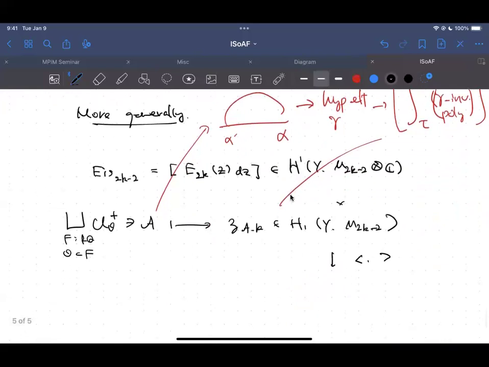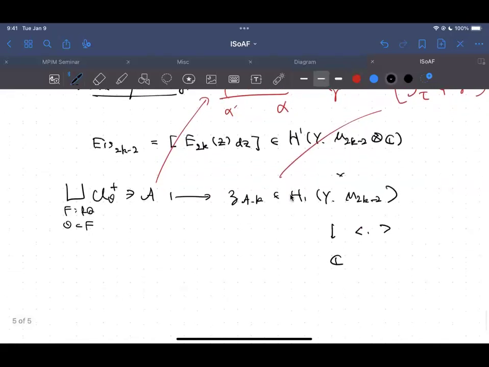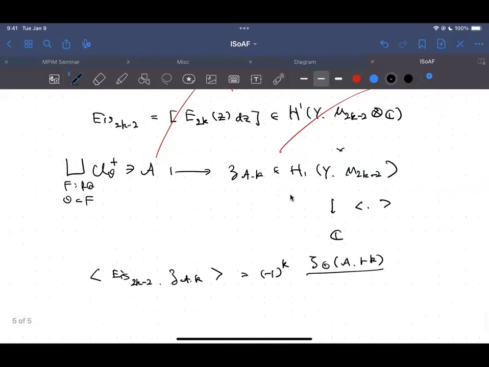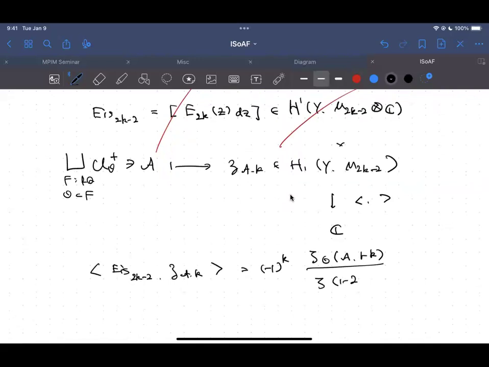And in the same way as above, we can prove that the pairing between the Eisenstein class and this homology class gives us the partial zeta value. So the pairing between this Eisenstein class, yeah, this is called the Eisenstein class, and this cycle gives the partial zeta value over the Riemann zeta value.